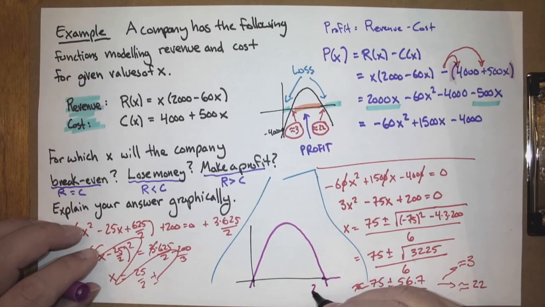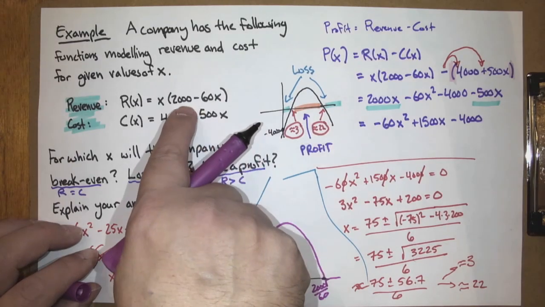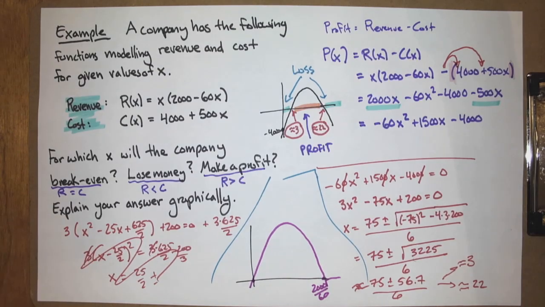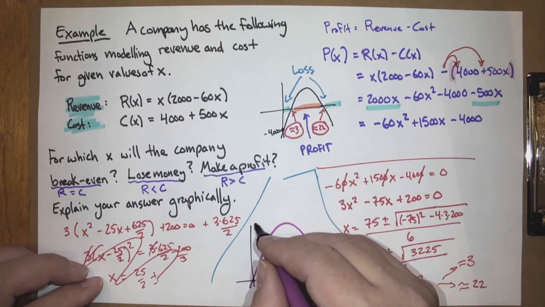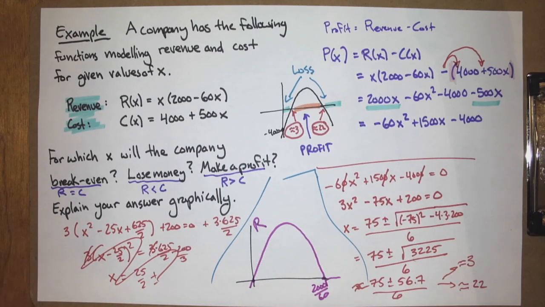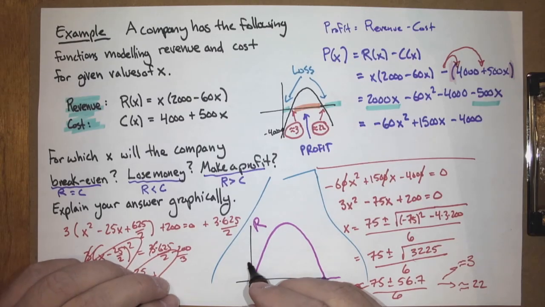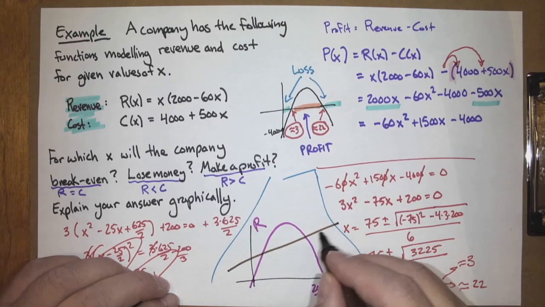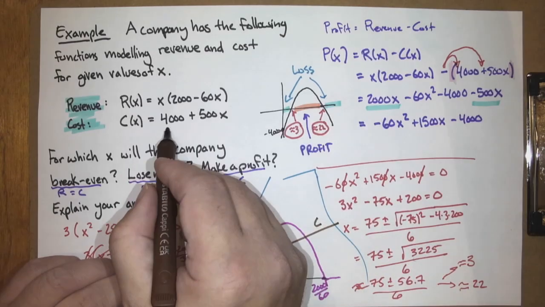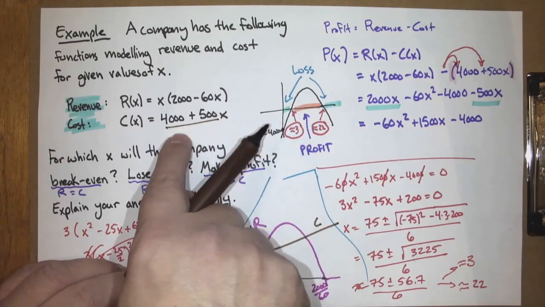This point over here is 2,000 over 60. You set this equal to 0. So there's our revenue. Then our cost looks something like this. So here's our cost function. It's a line, like mx plus b.